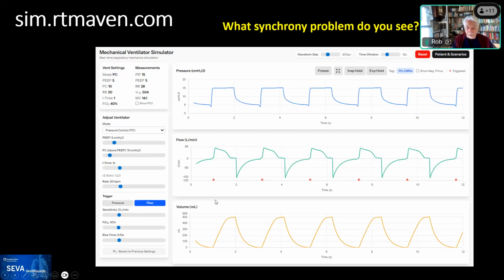We see that every breath has these little red triangles, which indicates that these are patient-triggered breaths. We also see a period of zero flow, which means that these are time cycled breaths, right? And the inspiratory time for every one is exactly the same. So these are all clues for what kind of PVI problem might be happening.